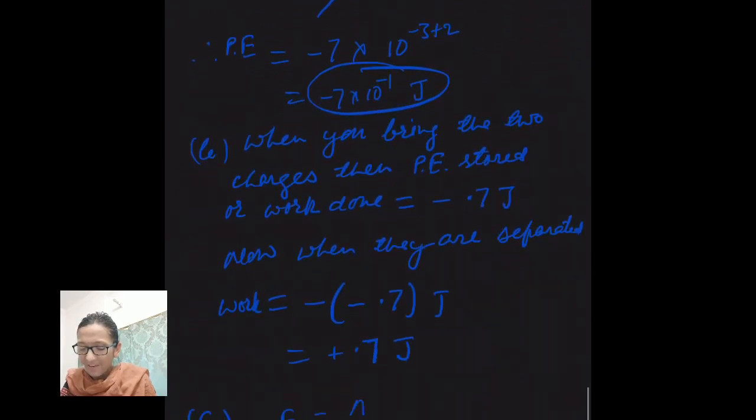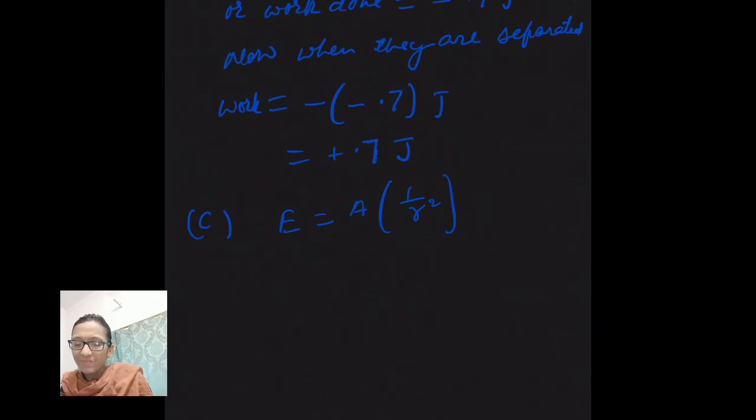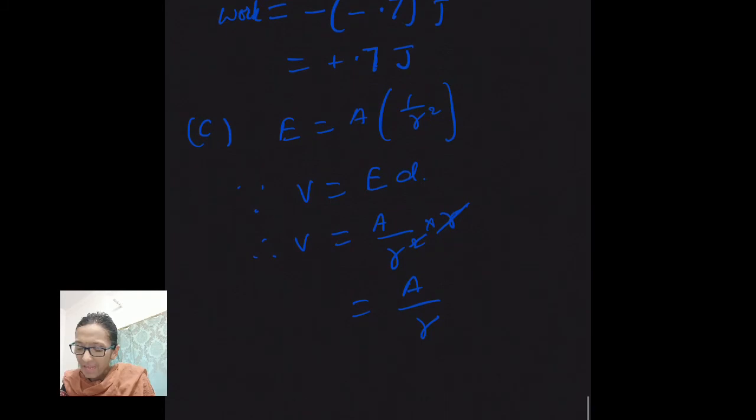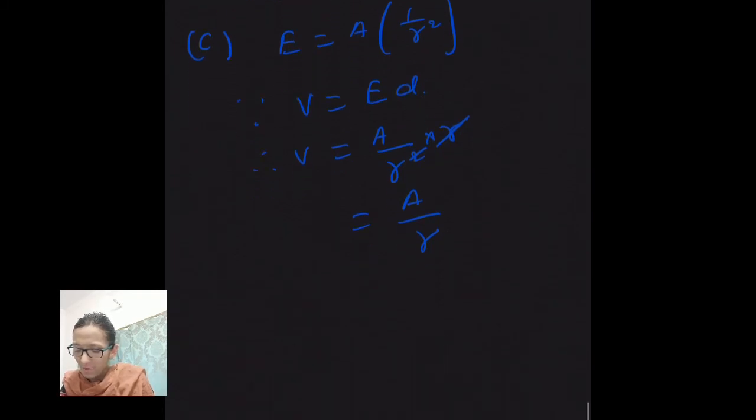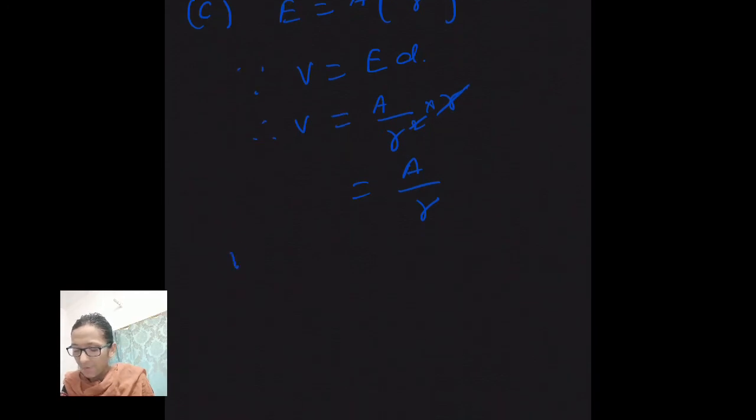The field given is A into 1 upon R square, and since we know that potential is equal to E into R, therefore V comes equal to A upon R square into R. So your V is actually A upon R.